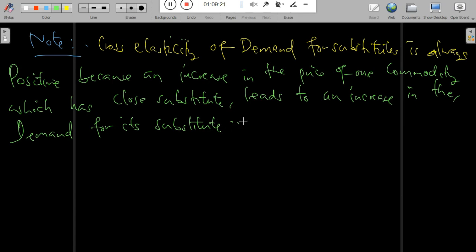So when the price of sugar increases, consumers will buy less sugar, hence the demand for tea leaves will decrease, and therefore the cross elasticity of demand will be negative. So the cross elasticity of demand for substitutes is positive because an increase in the price of one commodity which has a close substitute leads to an increase in demand for its substitutes.